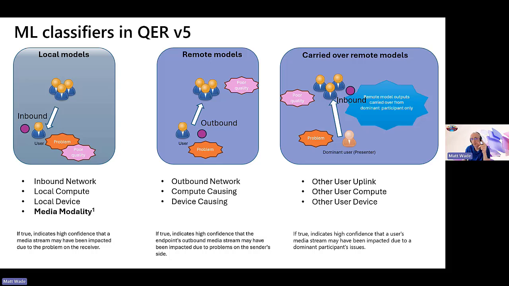We also can look at outbound data, right? We can look at outbound network, speakers, and devices, then outbound compute. And then this one over here is the dominant one. This is the speaker.